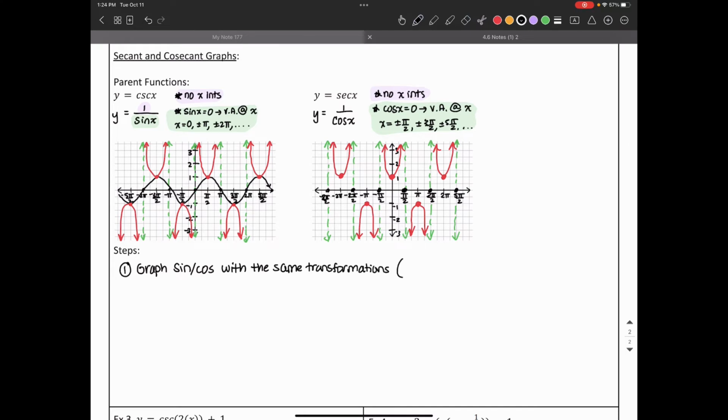The period is going to be equal to 2 pi over b. It will be just like you would always draw the sine or cosine graph, based on the transformations that you see in your secant or cosecant equation. Then the next thing you're going to do is draw vertical asymptotes through the middle points.